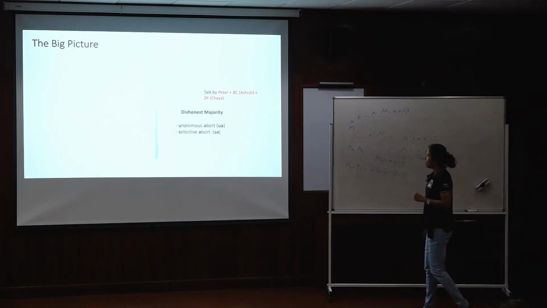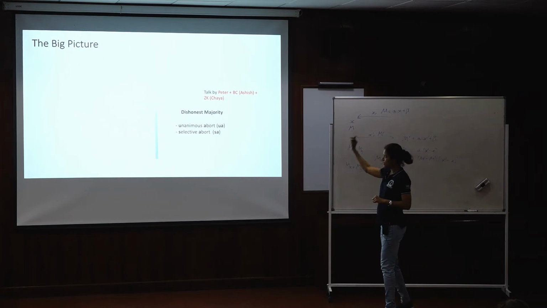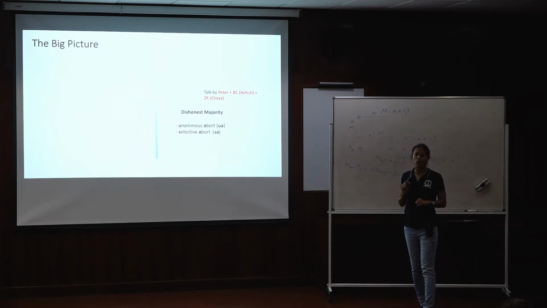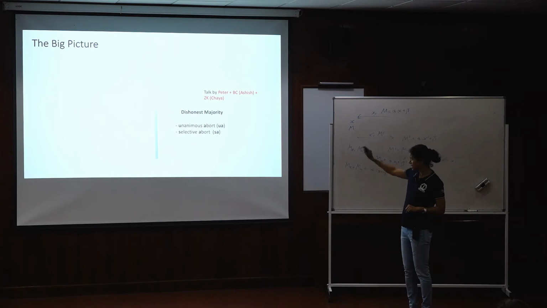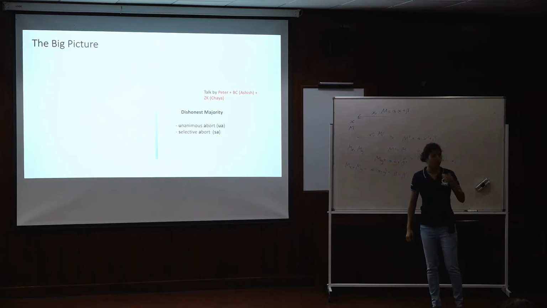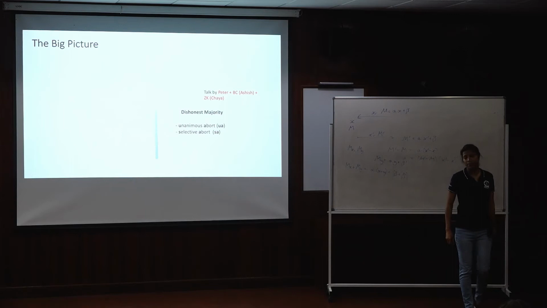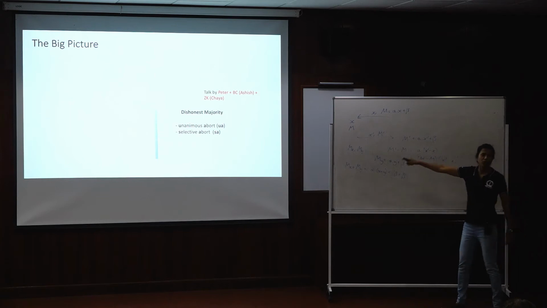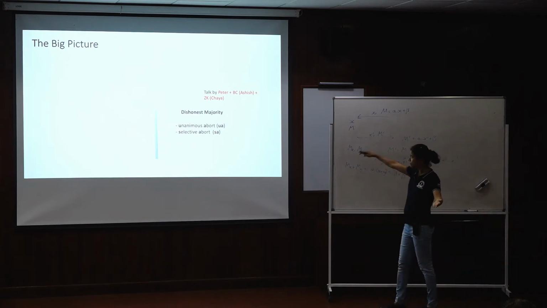So the first class is the dishonest majority protocols. The best security that we can hope for from this class of protocols is unanimous abort and selective abort, probably with identifiability as well. And you have seen such protocols in the previous talk by Peter, right?